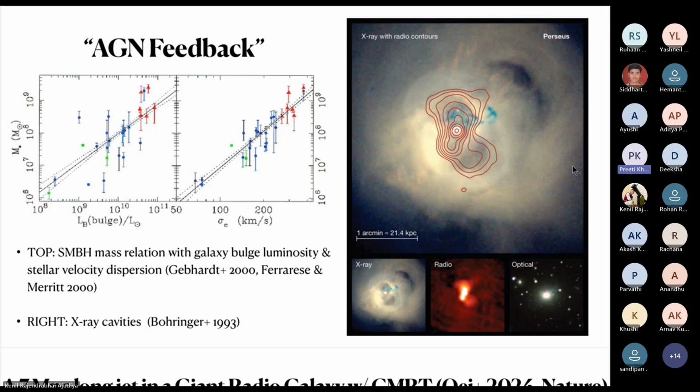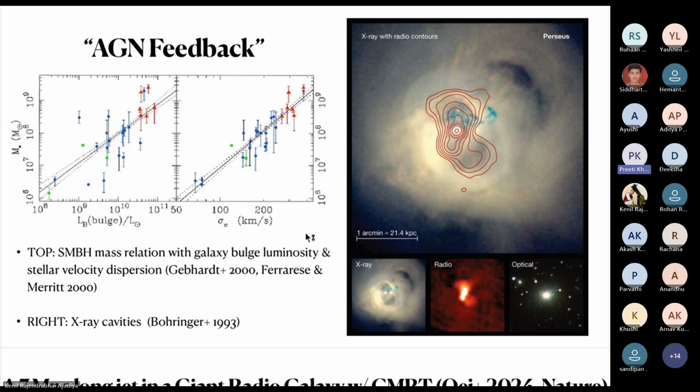What's plotted is black hole mass with respect to the luminosity of the galactic bulge. And the second figure is stellar velocity dispersion, sigma E. What is found is a very tight correlation, especially with sigma E, where the stellar velocity dispersion is related to the mass of the black hole.